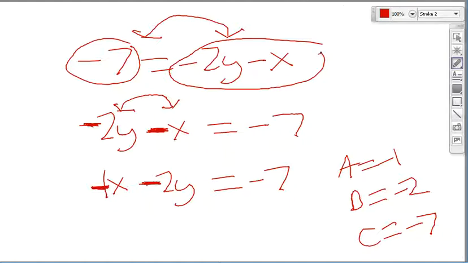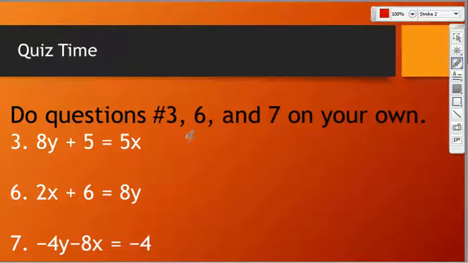Okay, so it is quiz time. Now, on your quiz, I need you guys to do a really good job of identifying where your quiz is for me in your notes, okay? So please write quiz and then write these 3 questions down. You're doing number 3, number 6, and number 7 on your own.